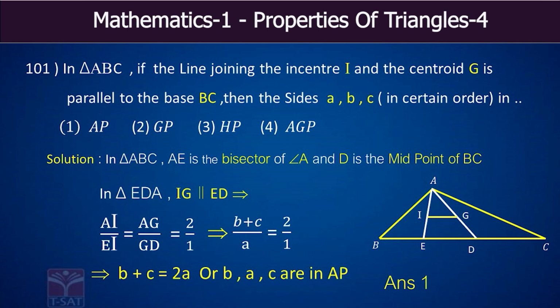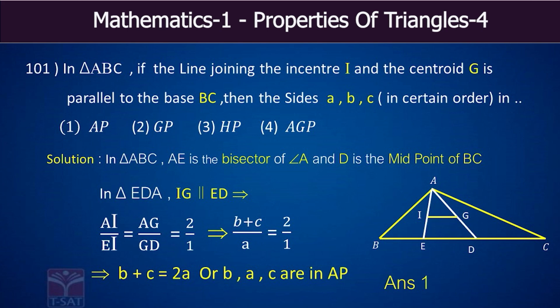In triangle EDA, IG is parallel to ED, which implies AI/IE = AG/GD = 2/1, because the centroid divides the median in the ratio 2:1. So (b + c)/a = 2/1, which implies b + c = 2a, or b, a, c are in AP.